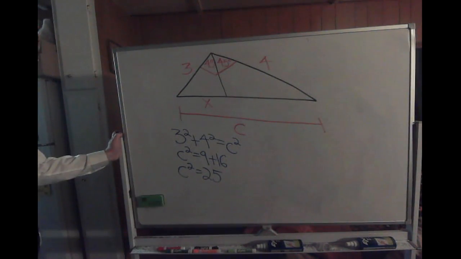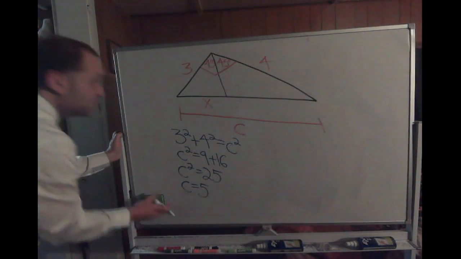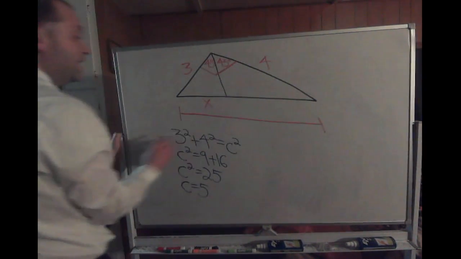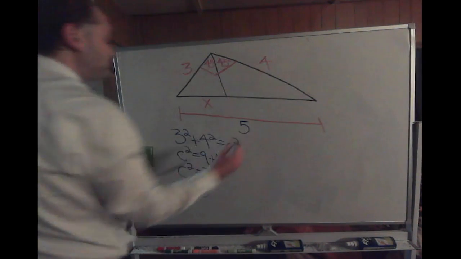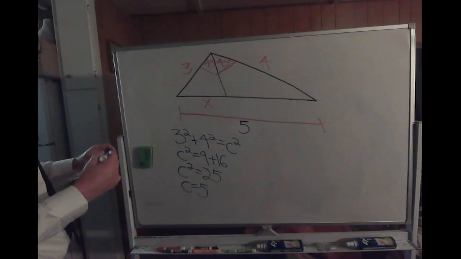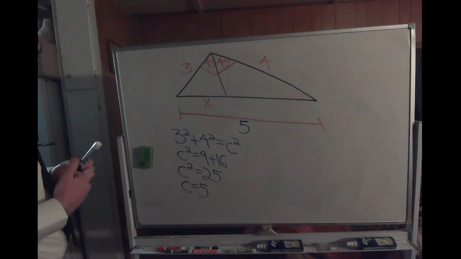Well, we know for a fact that the positive square root of 25 is just 5. So now the whole length of this side is equal to 5, right? So now, of course, we just got to solve for the x.